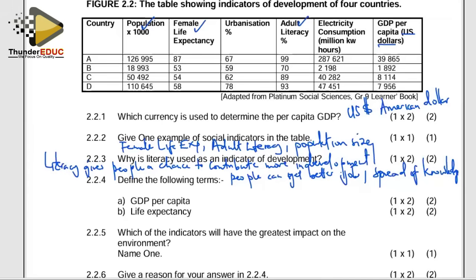Define the following: GDP per capita. Right. GDP per capita means total GDP divided by total population. So what are we saying here?